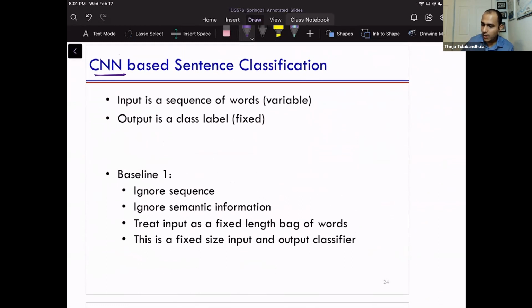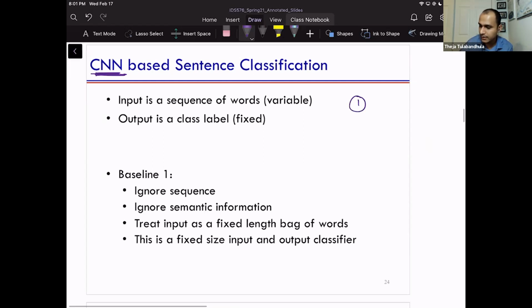And what this CNN-based model exploits, as I was saying, there are two things. One is encoding the words, the symbols of natural language, properly. Second thing is take sequence info into account.